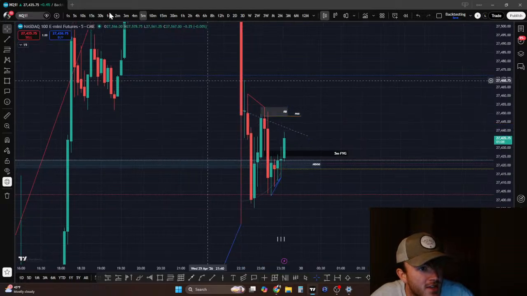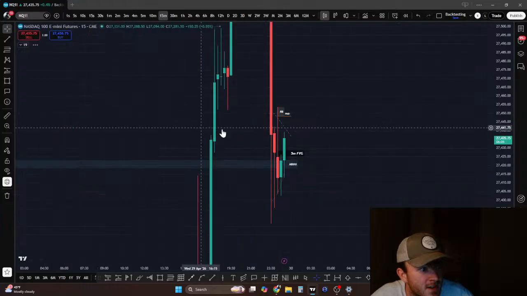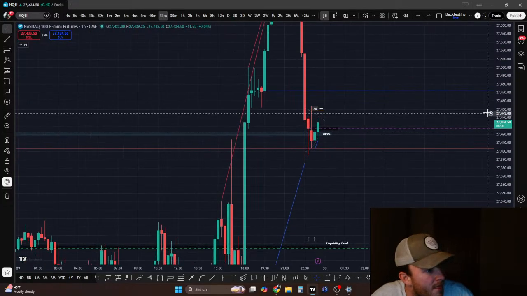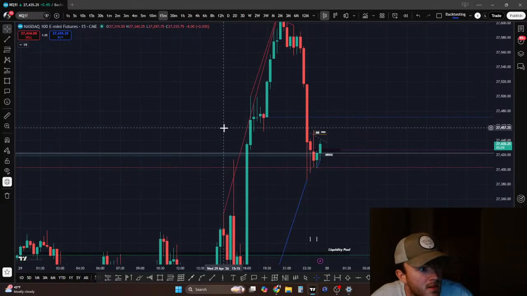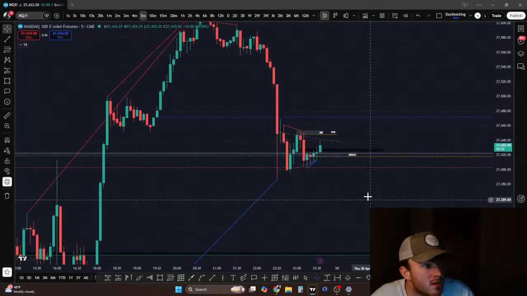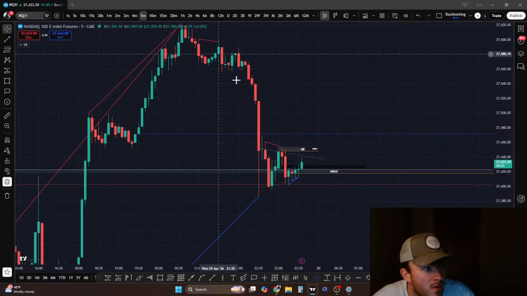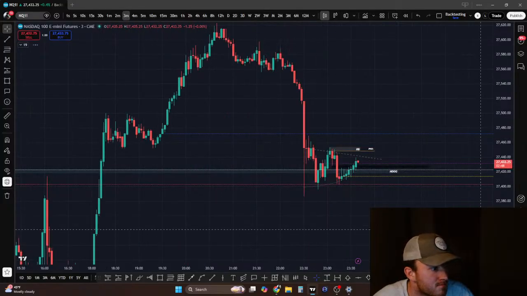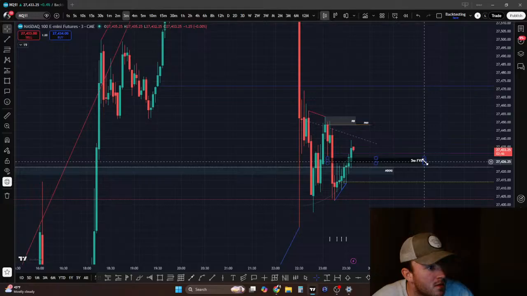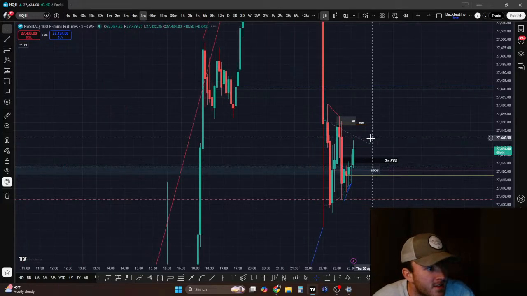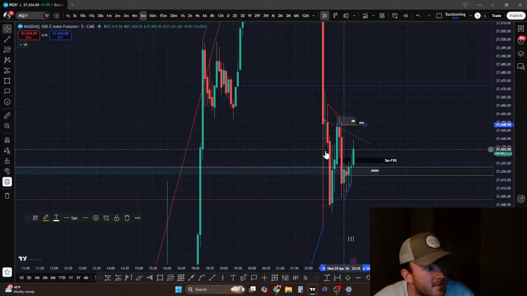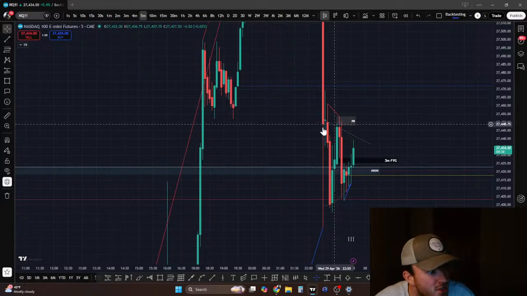I kind of want to try this as well, right? Javier, you want longs? 5 minute just inverse, or it's about to inverse. I kind of like this rejection block.